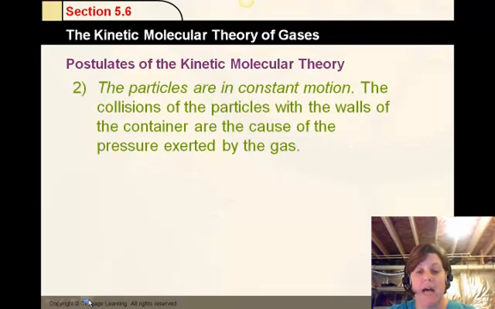The particles are in constant motion. The collisions of the particles with the walls of the container are the cause of the pressure exerted by the gas.